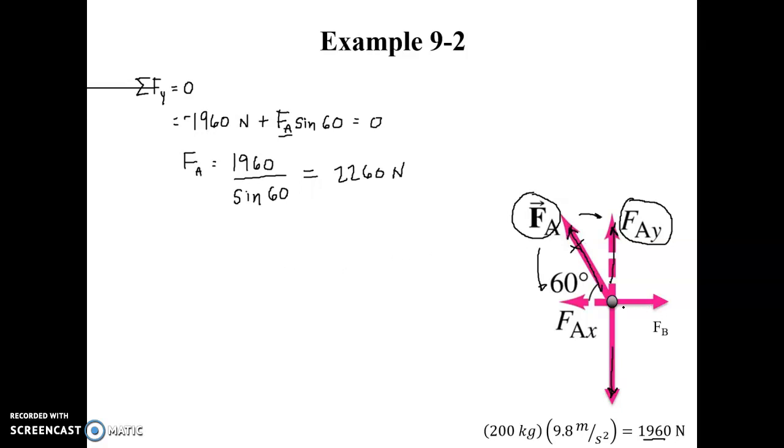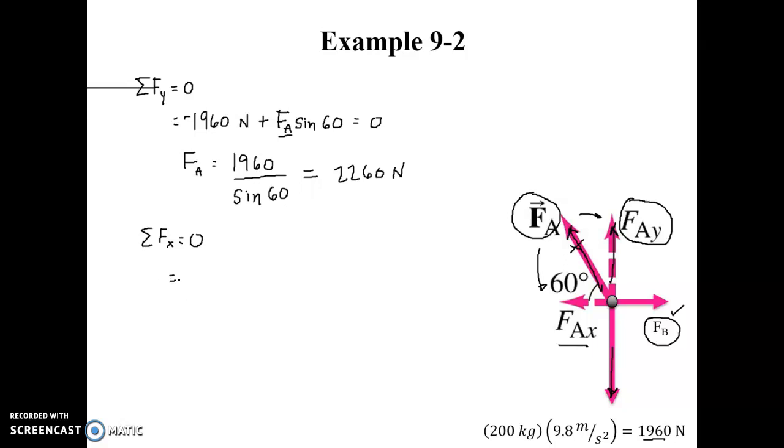Now to find the missing force FB, the force in that horizontal rope, we use our other equilibrium equation, that the sum of forces in the x direction equals 0. And what are the forces in the x direction? Well, we've got FB and we have FAX. And that's it. Those are the only two forces in the x direction.